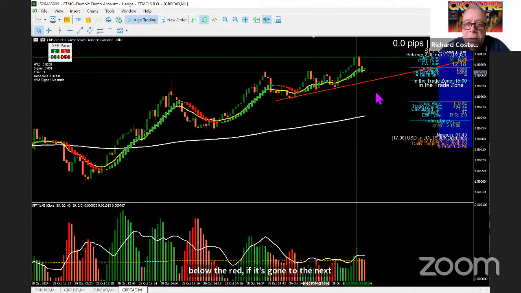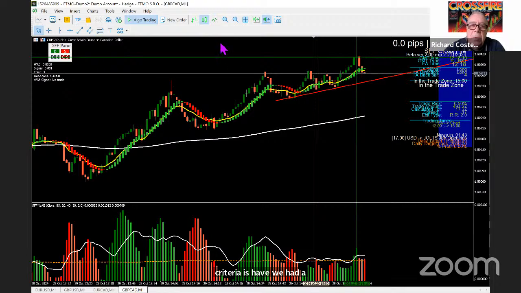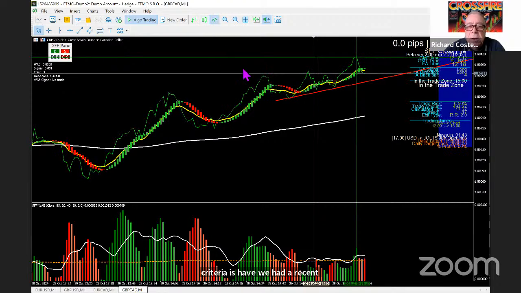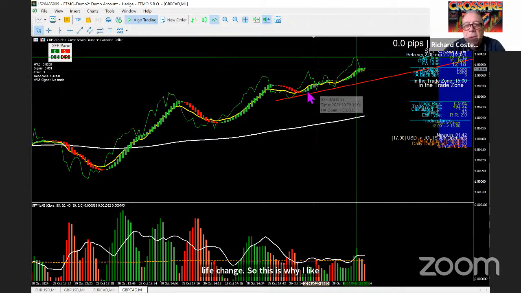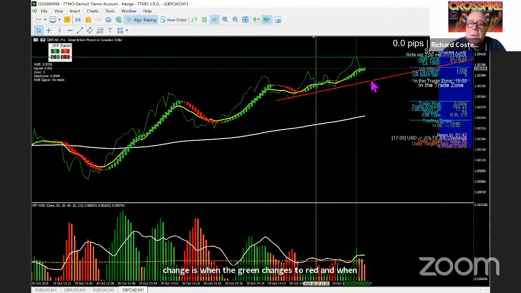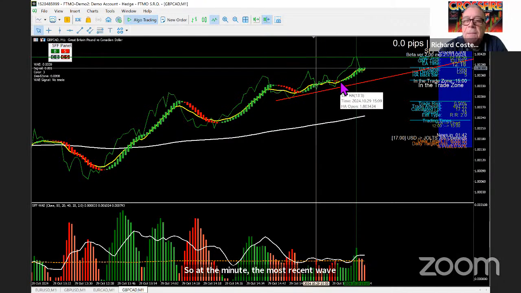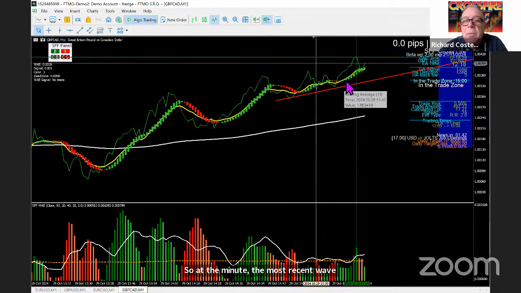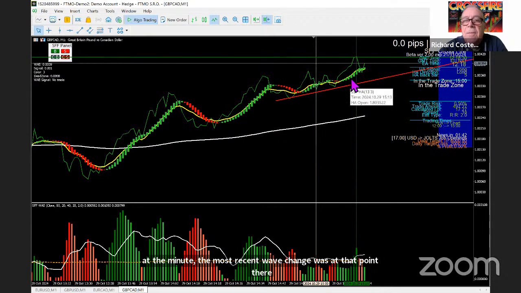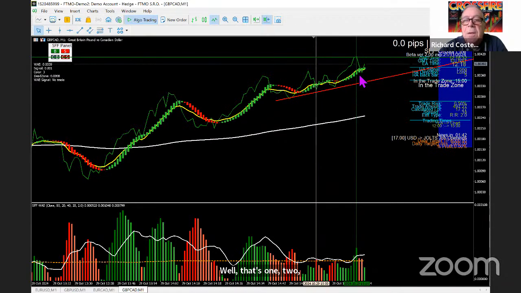So the second criteria is, have we had a recent wave change? This is why I like to use the line chart, because you can clearly see the wave change is when the green changes to red and when the red changes to green. At the minute, the most recent wave change was at that point there. So that's 1, 2, 3, 4, 5, 6, 7, 8, 9, 10.